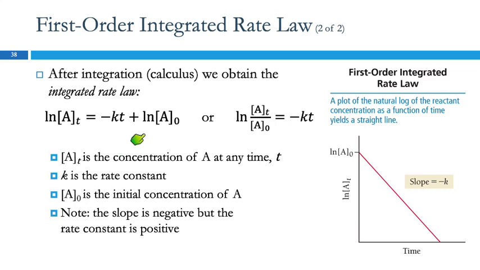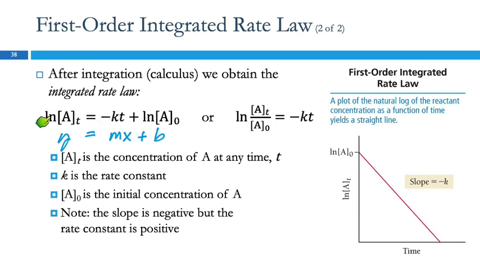What's nice about this form, though, is it takes the form of a line. y equals mx plus b. So the natural log of A at time 0 is the y-intercept. The slope is equal to negative k.